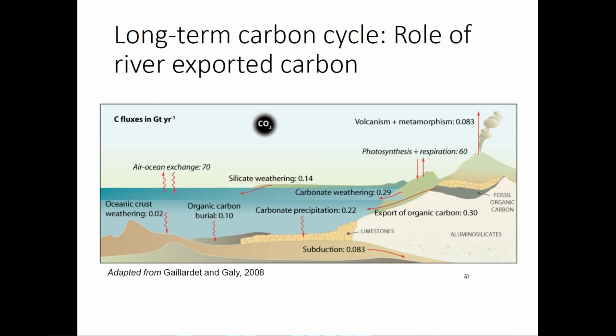But in terms of the long-term carbon cycle, if you really want to trap atmospheric CO2, one of the best methods is to remove it from the landscape via rivers, for example, and then deposit it in long-term depositional areas such as oceans or lakes. And so this transport is really the focus of my work here. Okay, next slide.